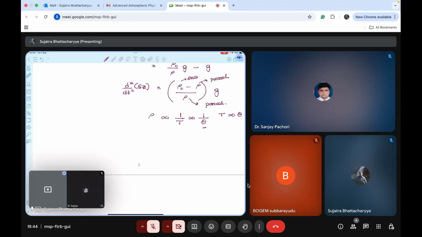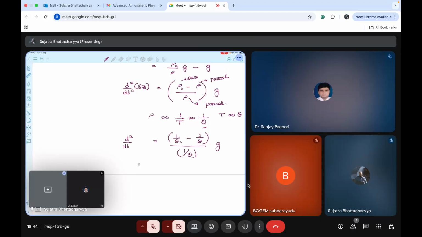So if it is a proportionality, some k times theta, you can directly write here 1 by theta naught, where theta naught is for the environment again, divided by 1 by theta for the parcel, times g.